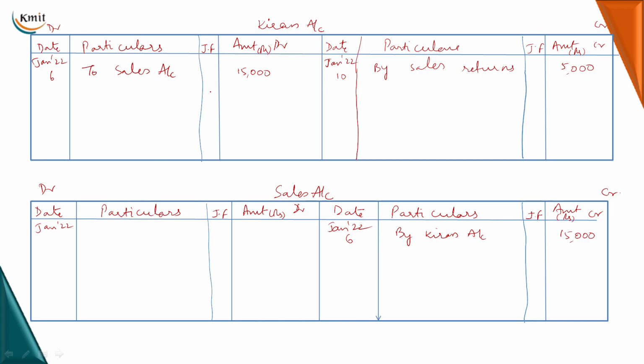Here, Kiran account debtor to sales account, that is on 6th, 15,000. Right? So again a credit entry has to be made in the sales account. Here it is. Sales account, it will be by Kiran account, amounting to 15,000.